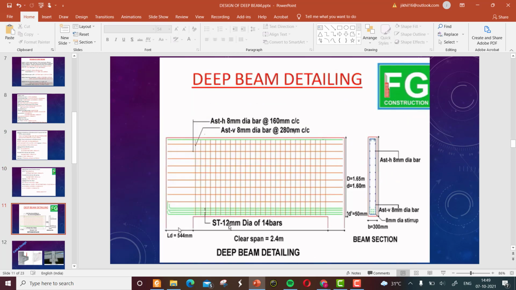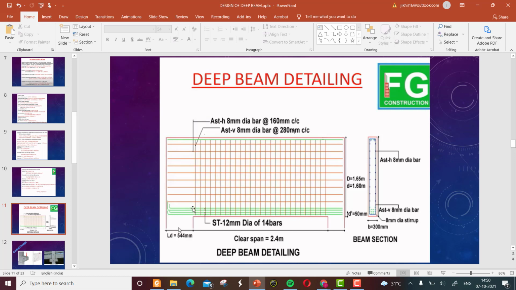So you can see here the deep beam detailing. The clear span is 2.4 meter, that is from the face of the left support to the face of the right support. It is 2.4 meter, and this green line shows the positive reinforcement.